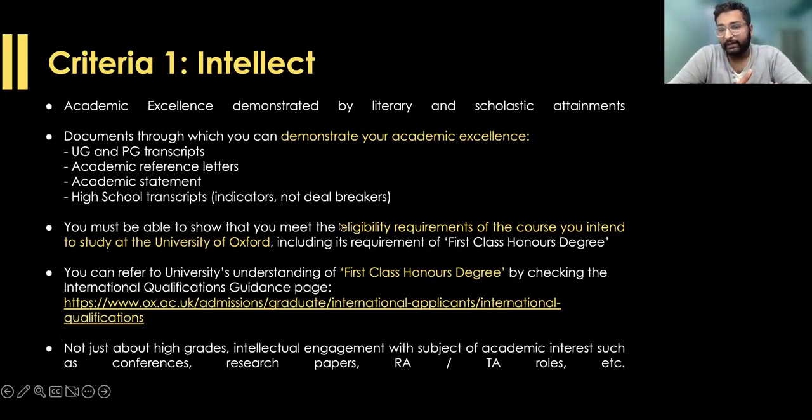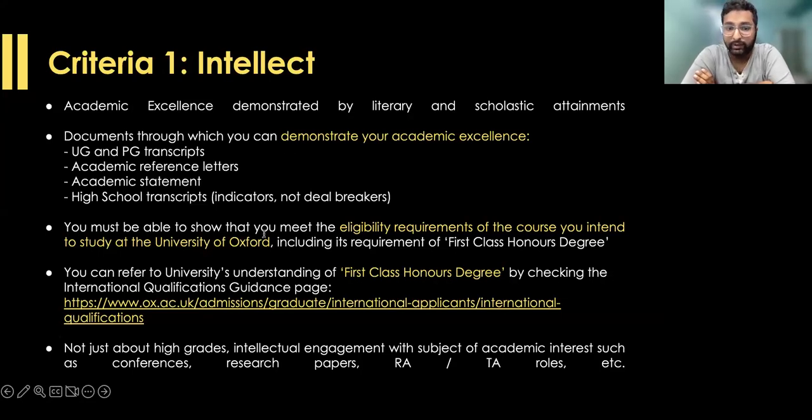But I guess the idea broadly is to be able to communicate to the selection committee that you are able and interested in being able to read and write at a postgraduate level, and that you have the interest in doing so. Something to remember is that the University of Oxford has given very specific requirements for each course.